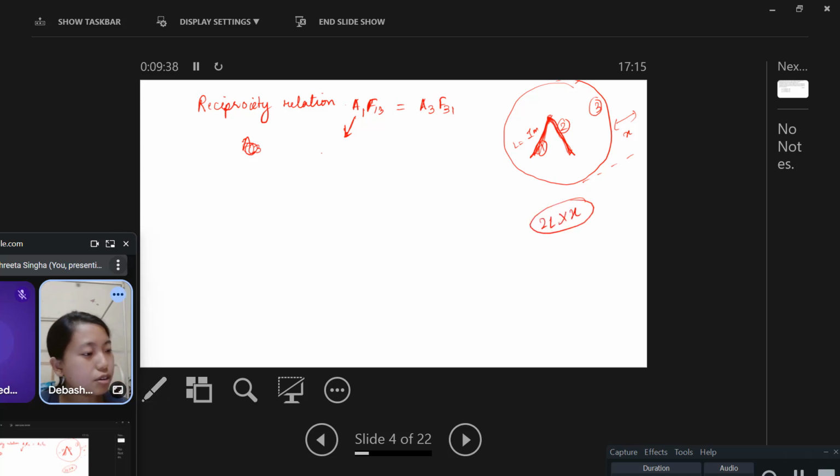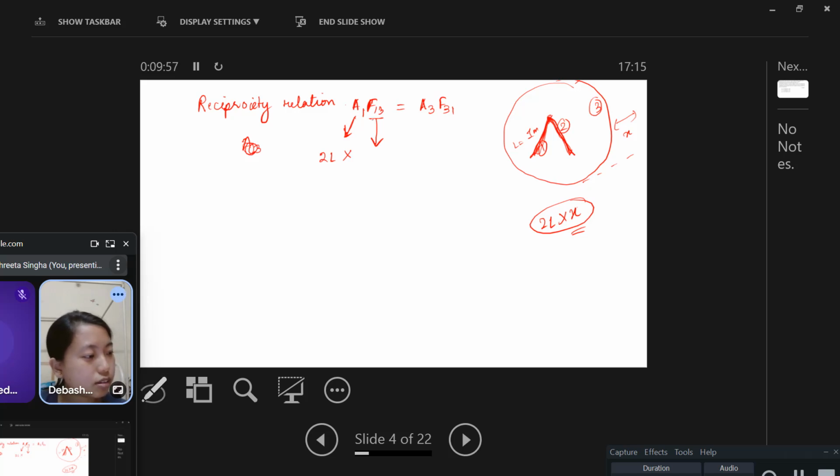This is the area. But since we are considering per unit length, we are cancelling this X. We don't need to write this X. So we can directly write this A1 as 2L.